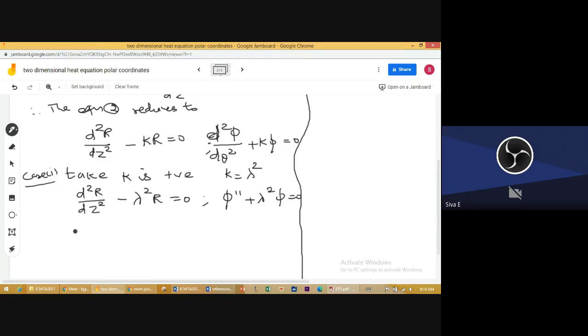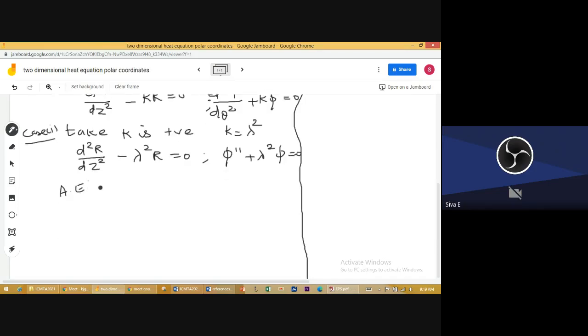So if you are solving this, what is the auxiliary equation? The auxiliary equation is m square minus lambda square equal to 0, m equal to plus or minus lambda, and then m square plus lambda square equal to 0, m equal to plus or minus i lambda. So what is r here?